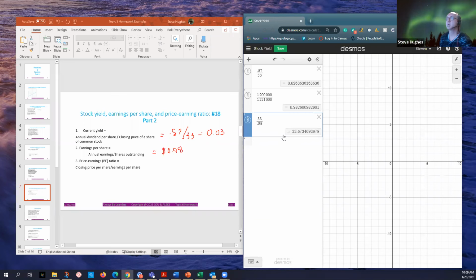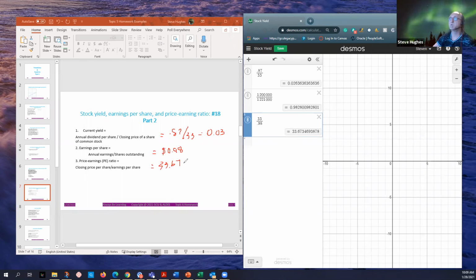That is, the price earnings ratio is 33.67. All right, equals 33.67.